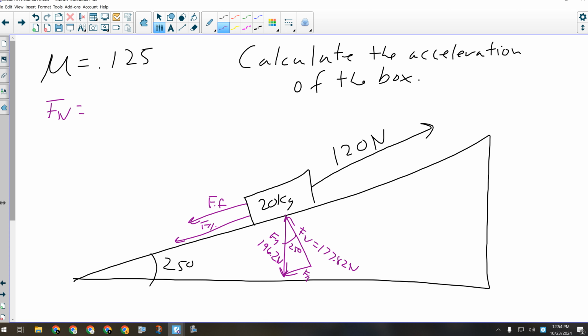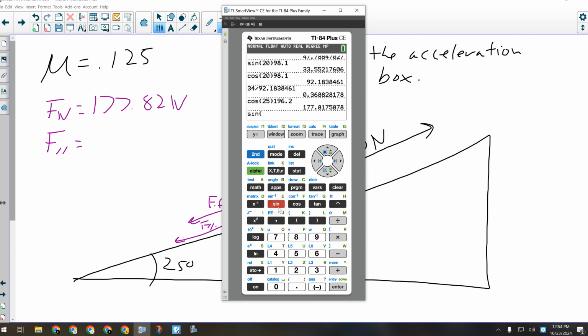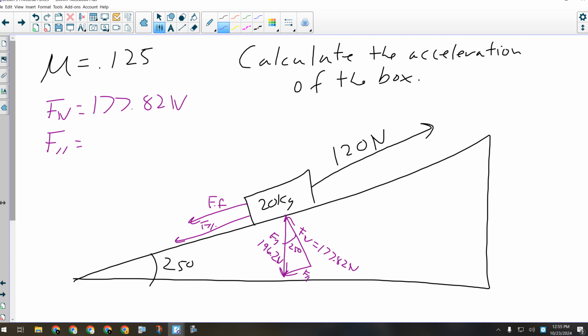And I've got to calculate F parallel, which will be the sine of 25 times 196.2. That is 82.92 newtons. Okay, so this is 82.92 newtons.